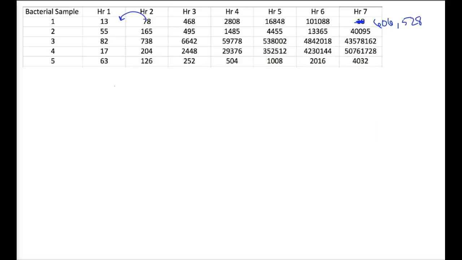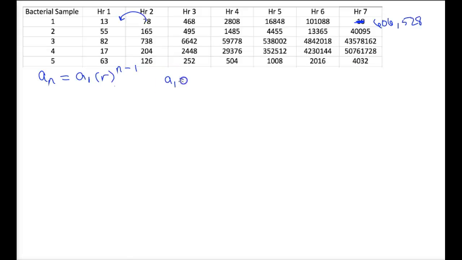So now that we know that information, we know that each hour this bacterial culture has been growing in a geometric sequence sort of fashion. So our formula for just a general geometric sequence is a sub n is equal to a sub 1, which is the first term in the sequence, times r, which is the common ratio, raised to the n minus 1.